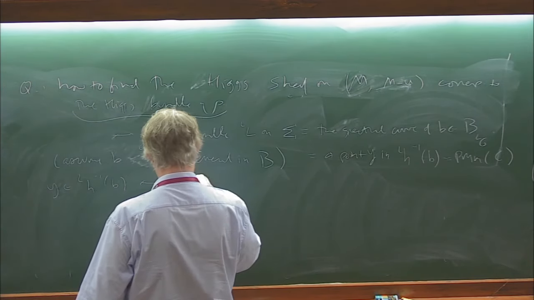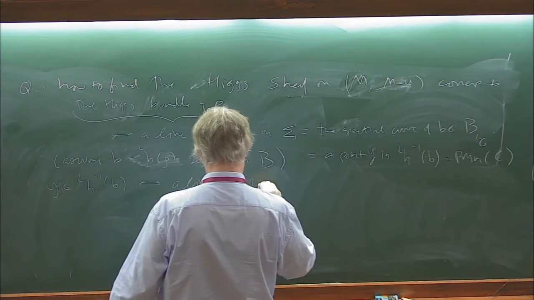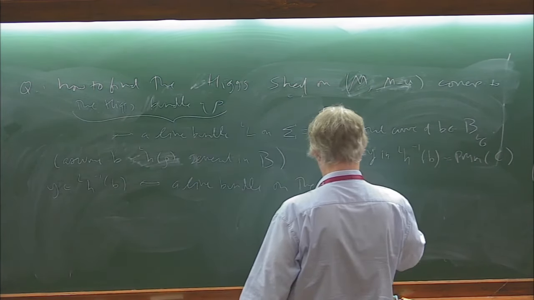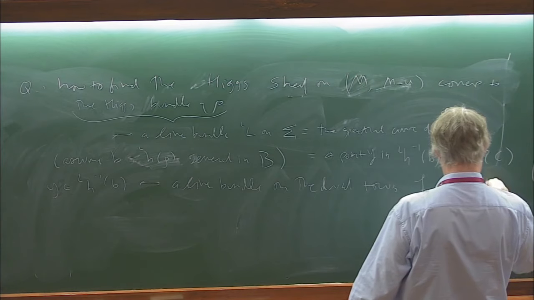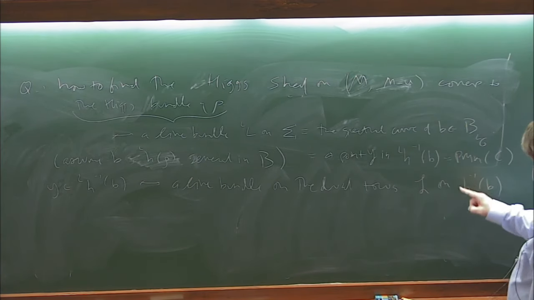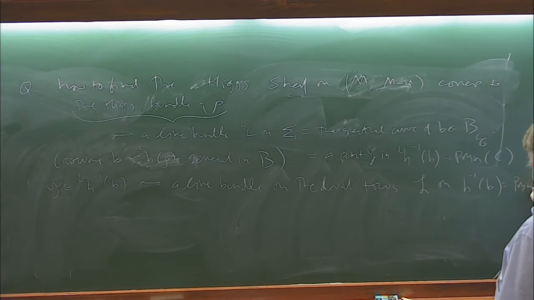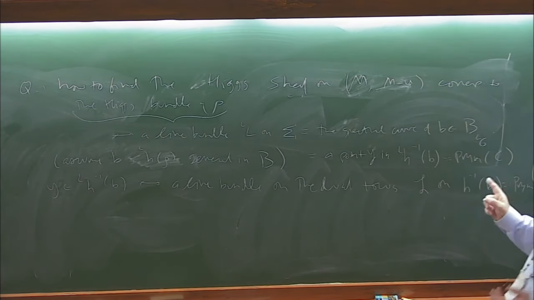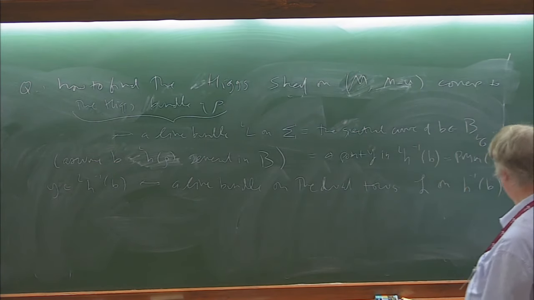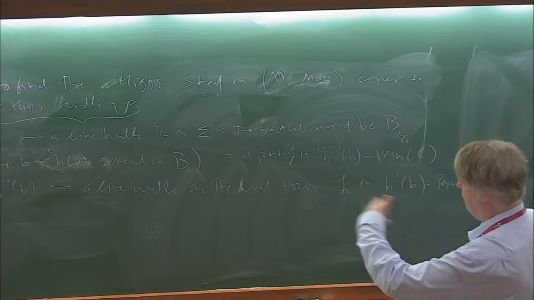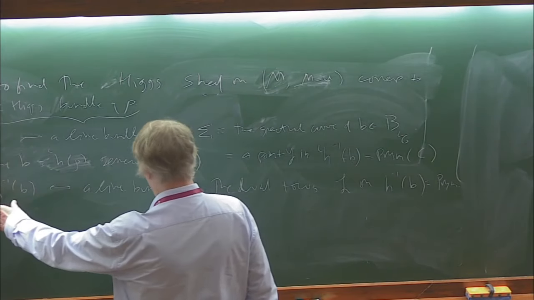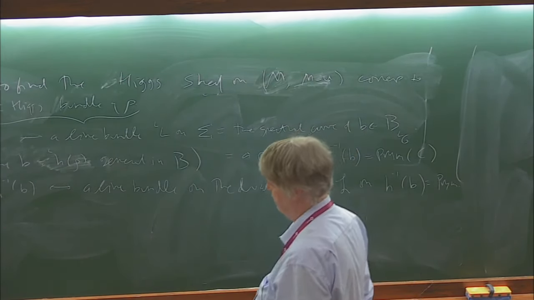This corresponds to a line bundle on the H inverse of B. This is an abelian variety, which is again some kind of Prym. Somebody was asking yesterday, what's the relationship between these two things? Probably in many cases the Prym is going to be principally polarized also, so just the same. But functorially speaking, our point here is a point here, so it's going to correspond to a line bundle L on the other side.